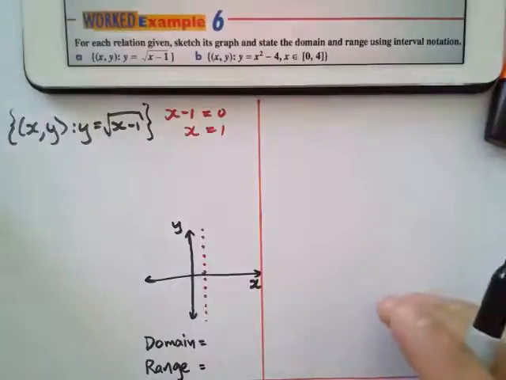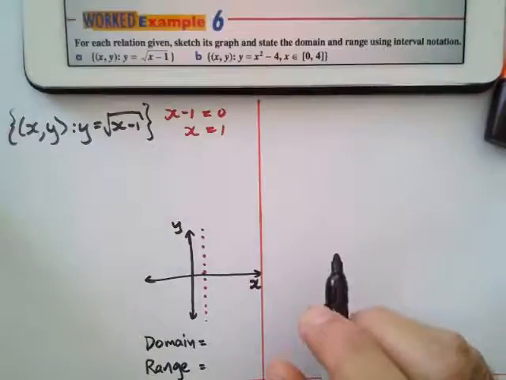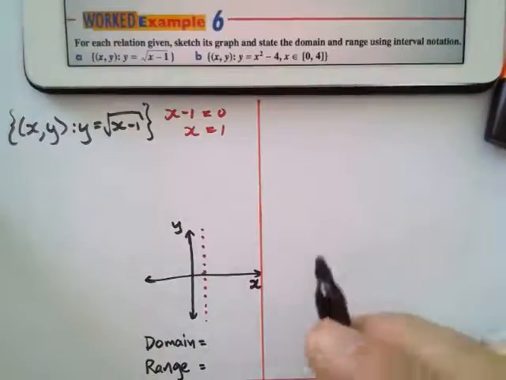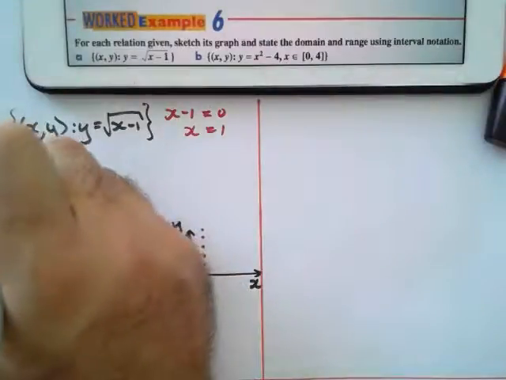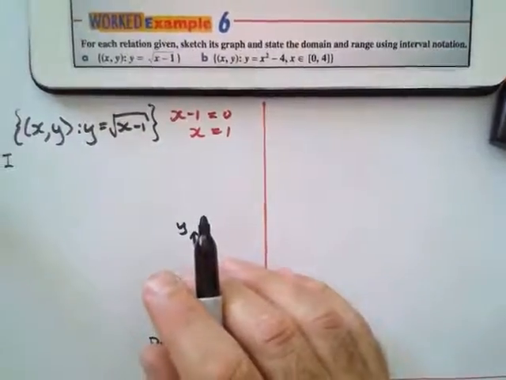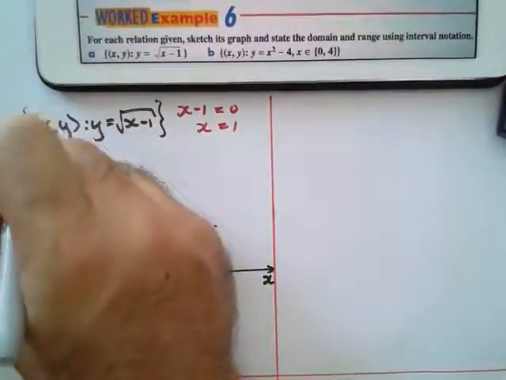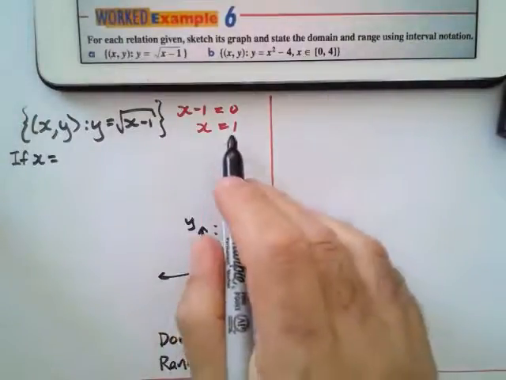Later on I will show you how to use your graphics calculator to draw this function. But what I want to do now is say, what is y if x is 1? You have to show one of the steps. I'm going to substitute 1 in there.